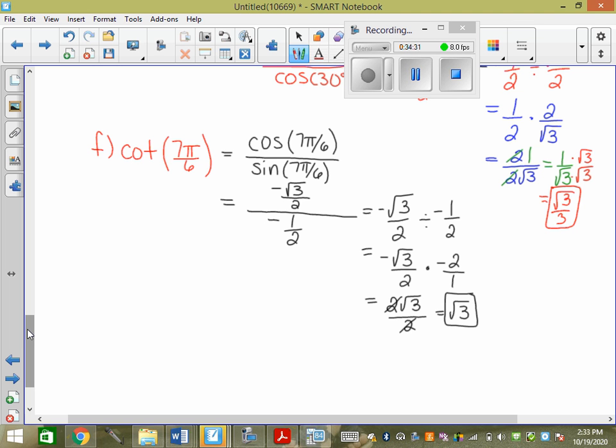We're going to put in some info. First off, we don't have to rationalize, there's no denominator, right? Info that you were taught last year was CAST. 7 pi over 6 falls in quadrant 3, doesn't it? What's positive in there?